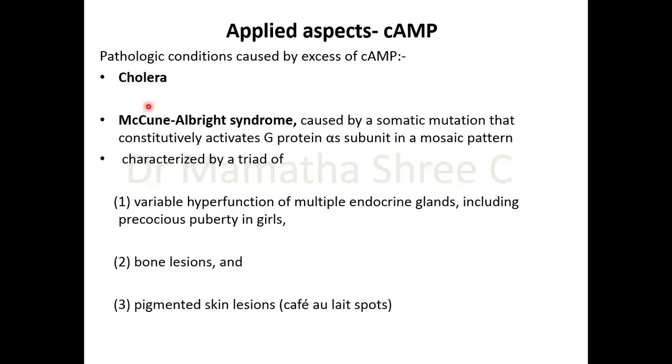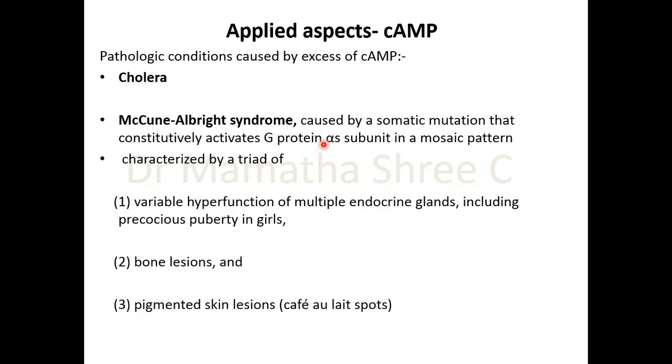Whenever there is an abnormality in that adenylate cyclase or cyclic AMP, or a virus or bacteria introduced into you which affects this cyclic AMP, it can bring about excessive diarrhea and vomiting.